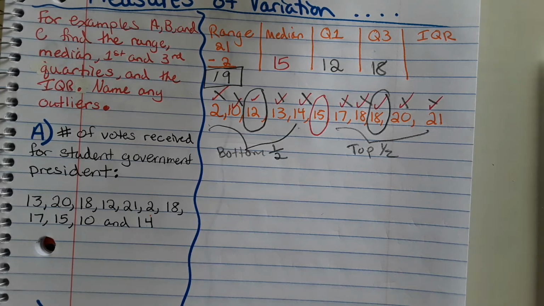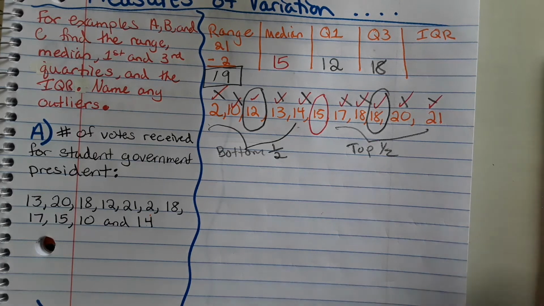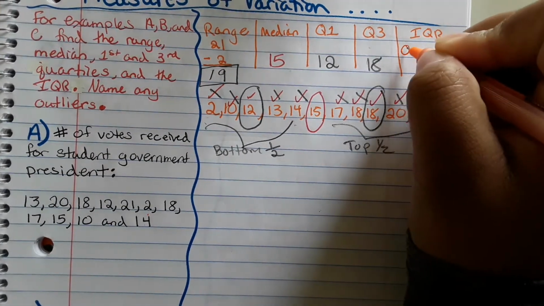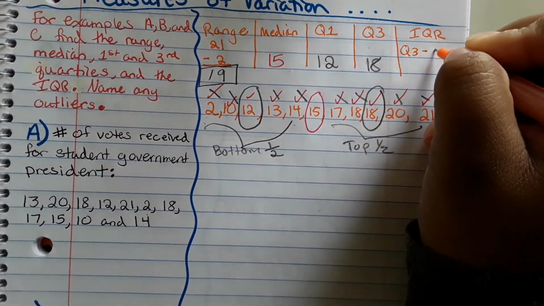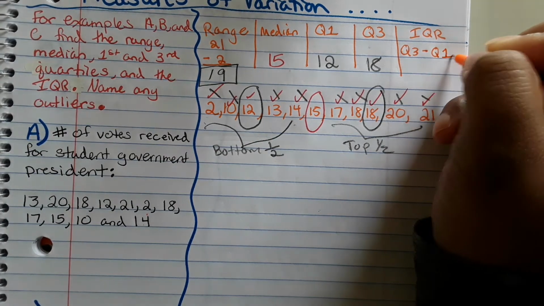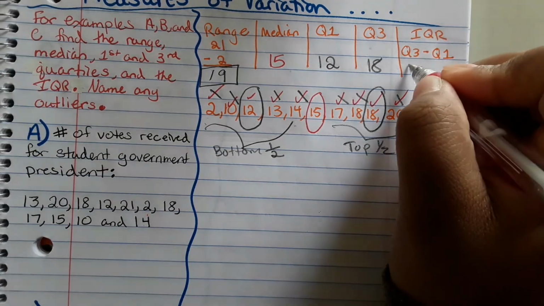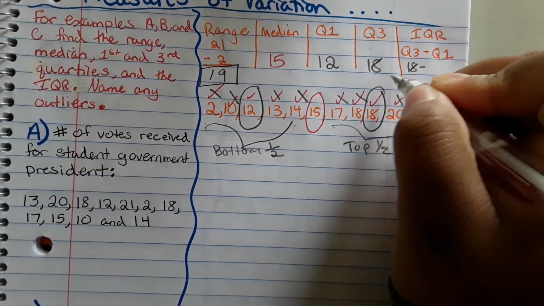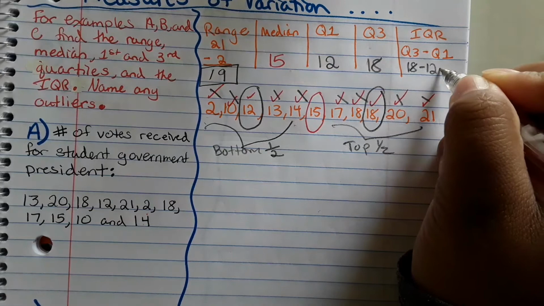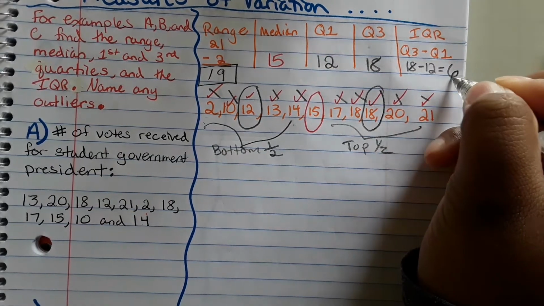Now from here, to find our interquartile range, it is a subtraction problem. We're going to take quartile 3 and subtract the number we got for quartile 1. So for quartile 3, I have 18. For quartile 1, I have 12. 18 minus 12 is 6.